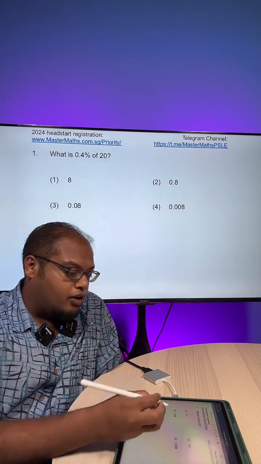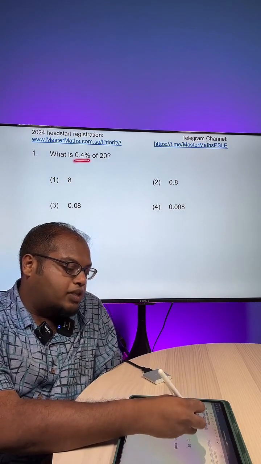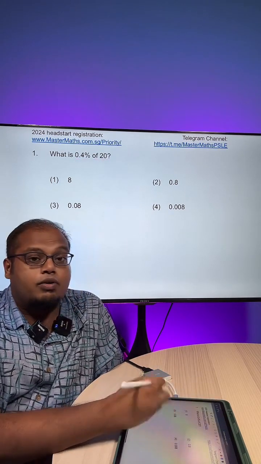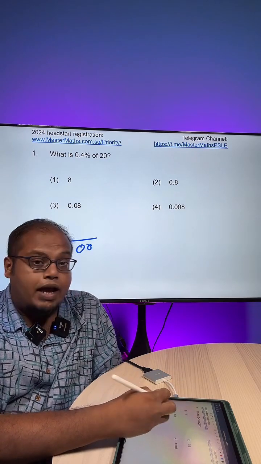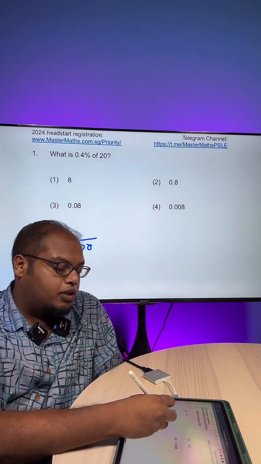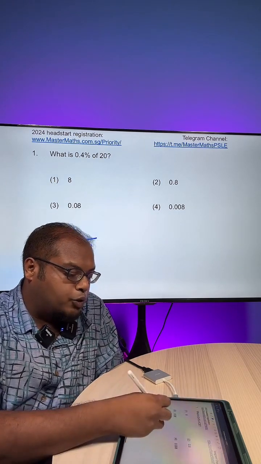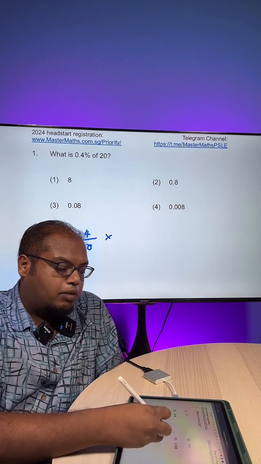Good job. Okay, so how do we do this? 0.4% of 20. If you have percentage, remember, always put it over 100. But a common mistake would be students will put 4. It's not. We should put 0.4 and multiply by 20.